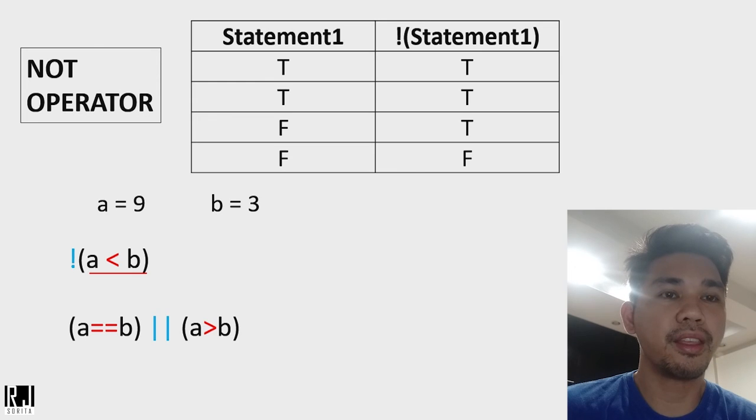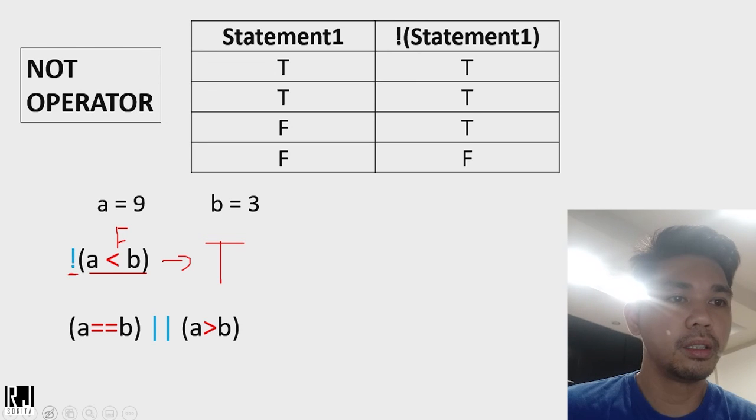Is 9 less than 3? So this one is false. But there is the operation not. So we flip false, it will now become true.